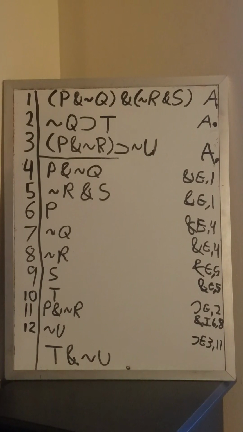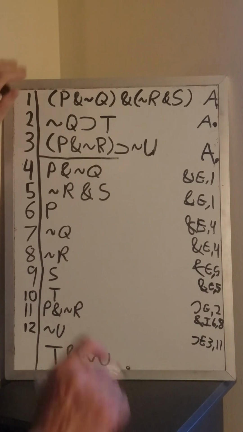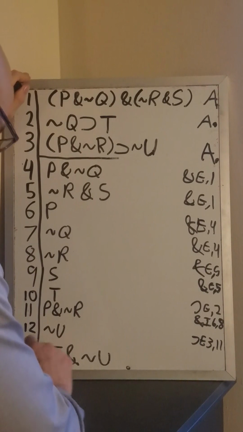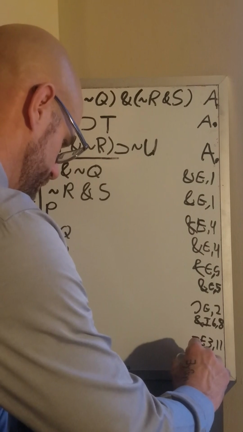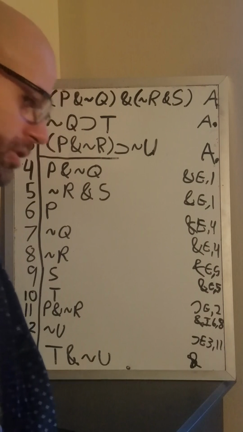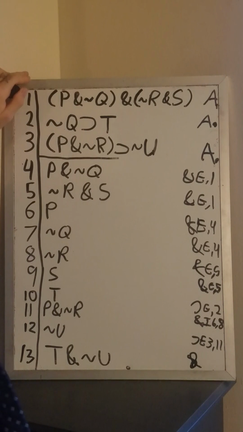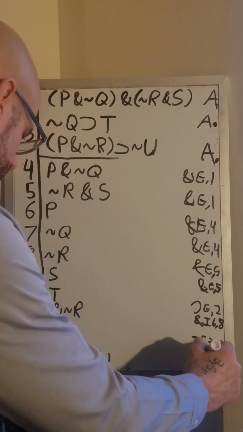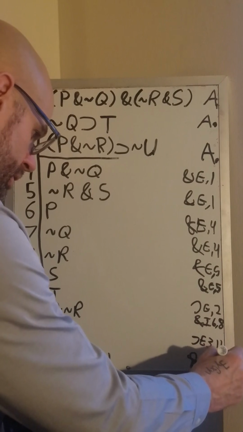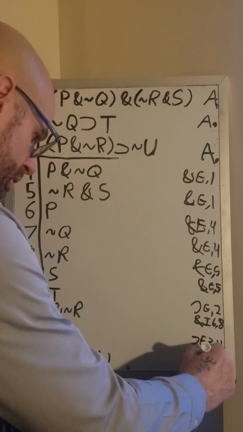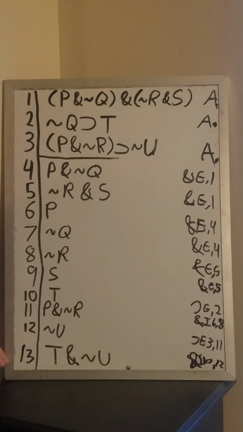And we can go ahead and finish this up. That's a really bad ampersand, but on lines 10 and 12, conjunction introduction, lines 10 and 12, we get our line 13, our conclusion.